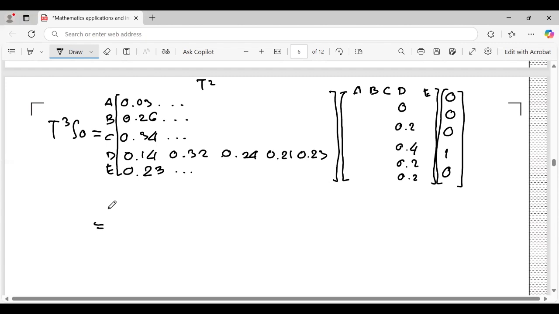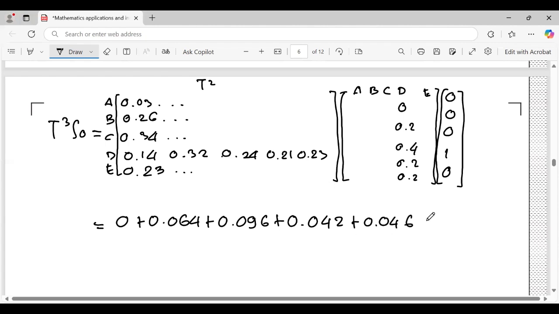If we calculate, it becomes 0 plus 0.064, 0.096, 0.042 plus 0.046. This is T squared times T times 1, the state matrix.